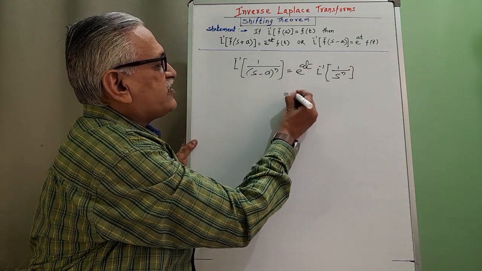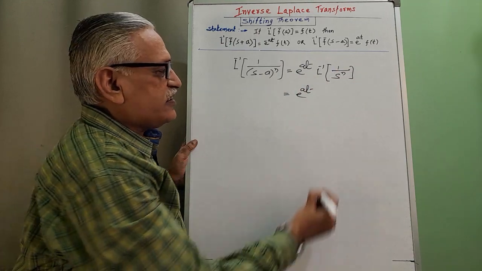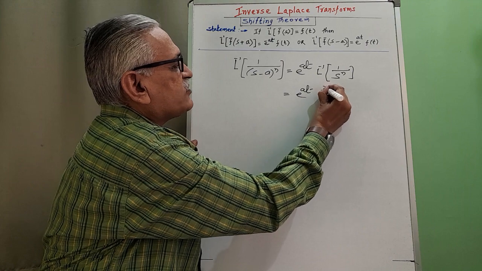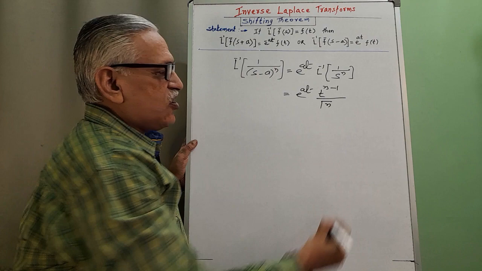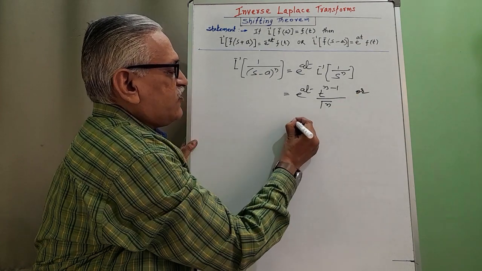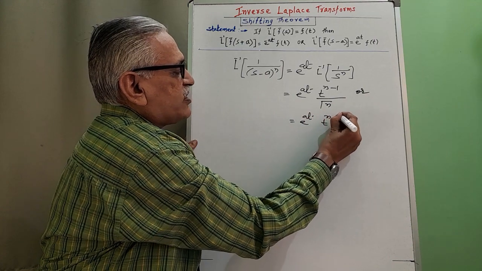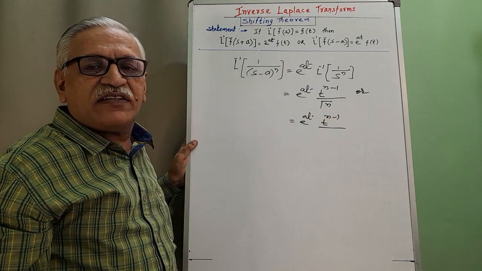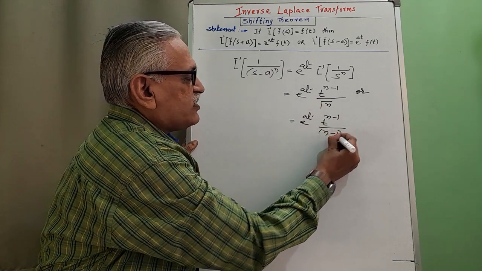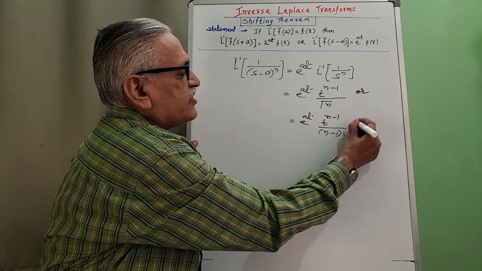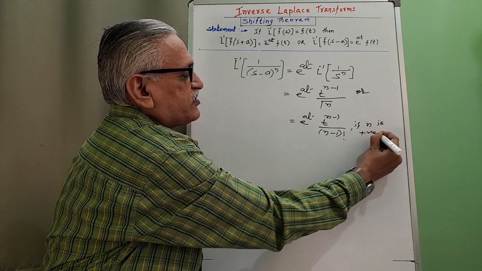And as per standard result, e raised to at as it is, inverse of 1 by s raised to n, we have two results: t raised to n minus 1 divided by gamma n, or we have e raised to at into t raised to n minus 1, and the value of gamma n, when it is positive integer, is n minus 1 factorial if n is positive integer.